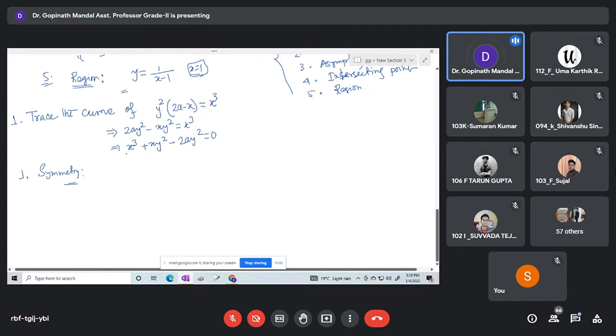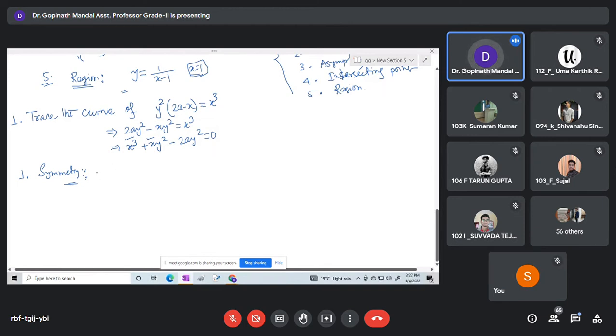Now power of x here is 3 and 1. So power of x is not an even number, so we can say that the curve is not symmetric about y-axis.